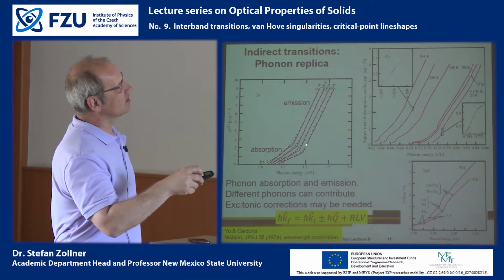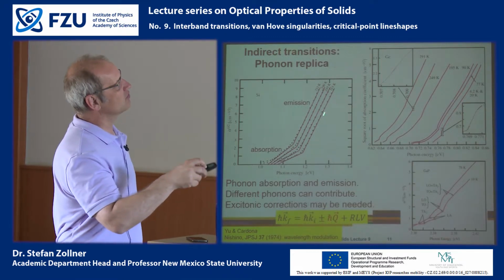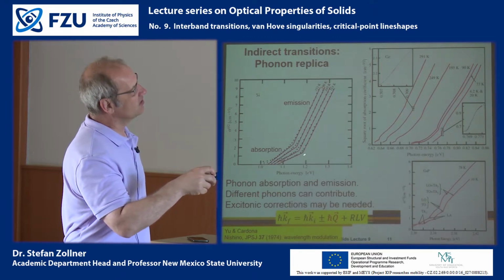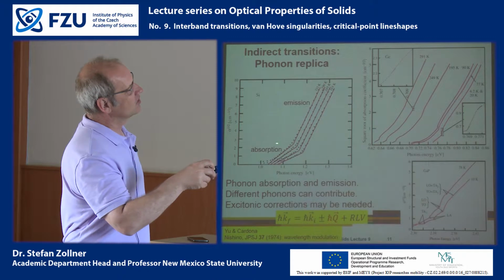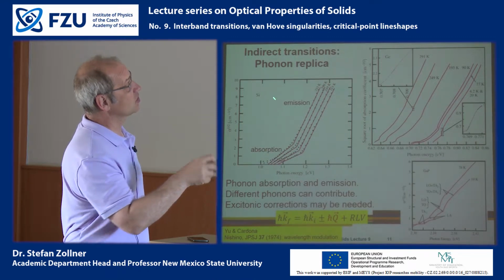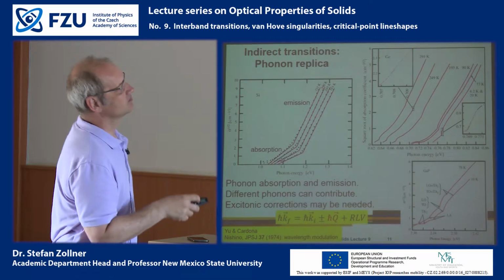There's a nice linear contribution from the phonon emission, and then there is this kink, because now we have to consider not just the phonon emission but also the absorption. I'm sorry, this is for silicon.